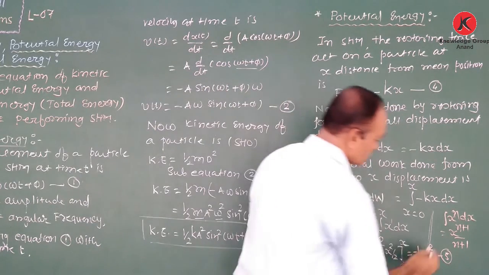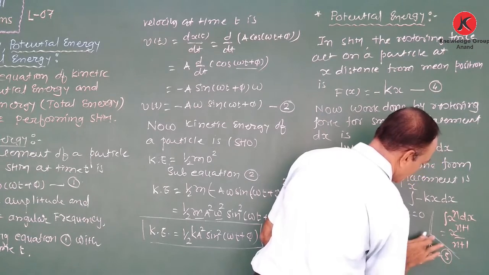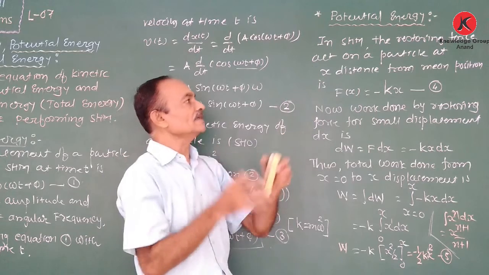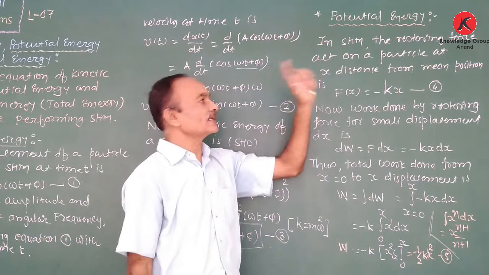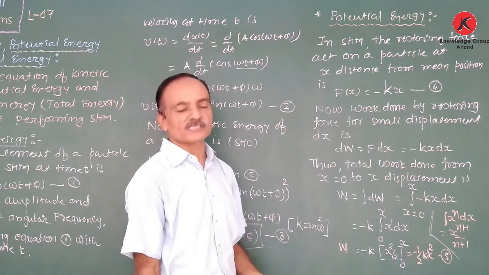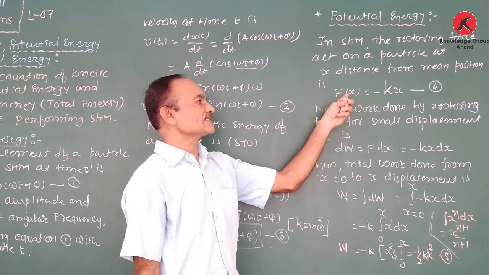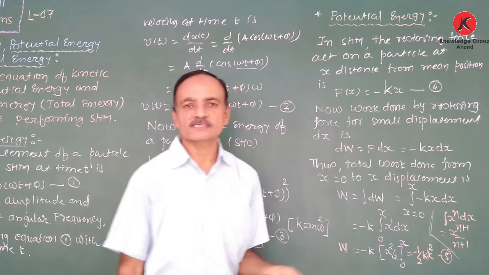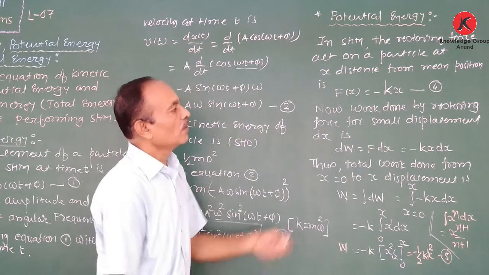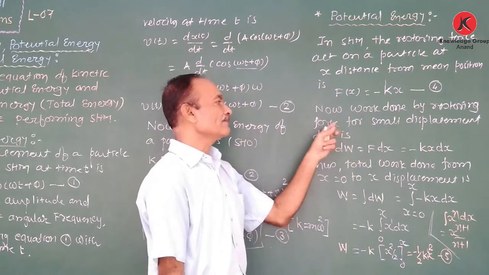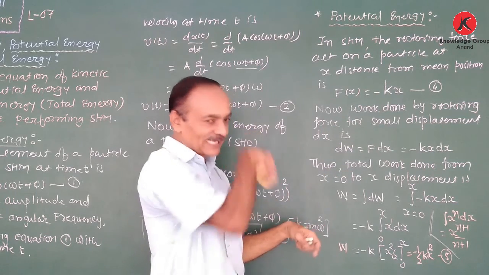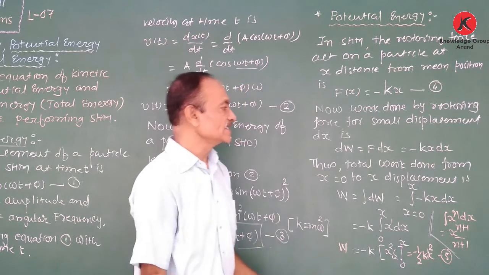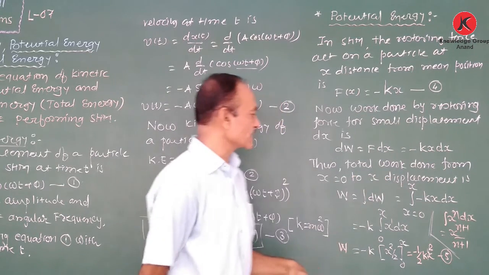Again, friends, how do we obtain the equation of the potential energy? For that purpose, in simple harmonic motion, the restoring force acting on a particle at x distance from the mean position is Fx is equal to minus kx. Here k is the proportionality constant or the force constant. Now, work done by restoring force for small displacement dx is dW is equal to F into dx is equal to minus kx into dx.